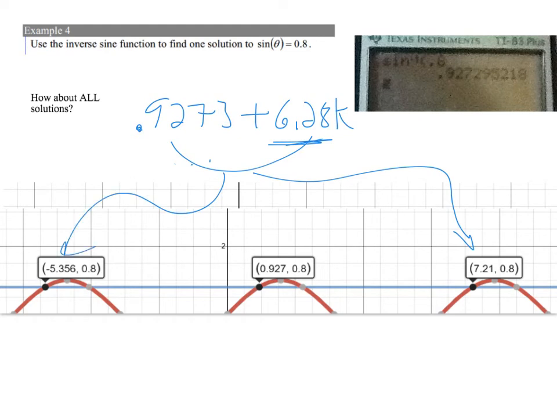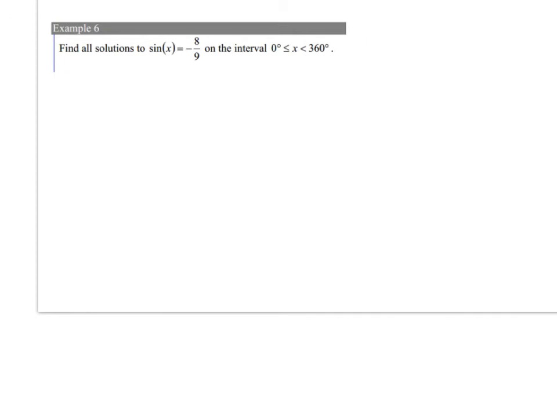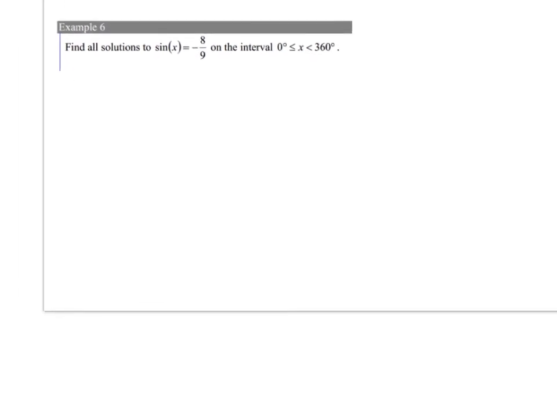Okay, so fairly easy. Notice here that they're specifying they want this in degree measure, 0 to 360. So we're going to ask ourselves, what's the arc sine of negative 8/9? And that's certainly a calculator question.